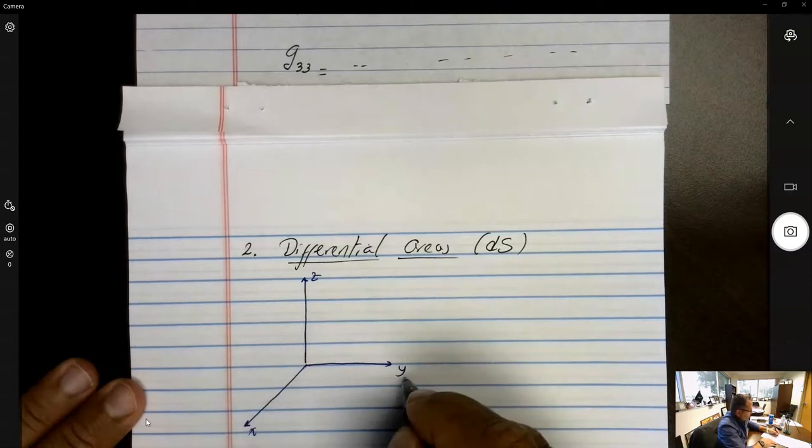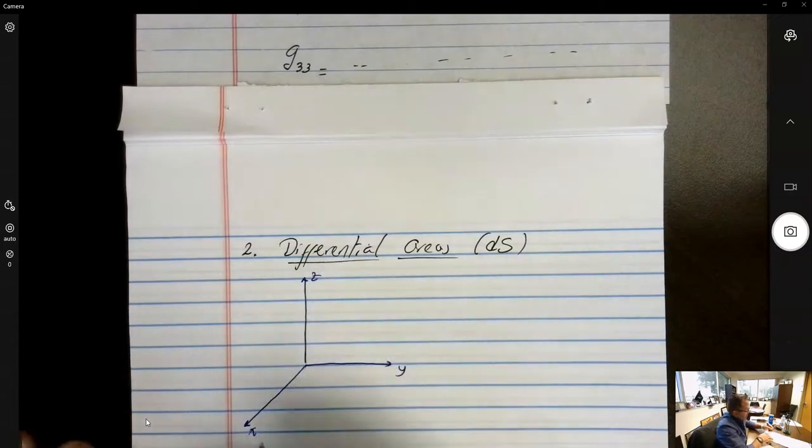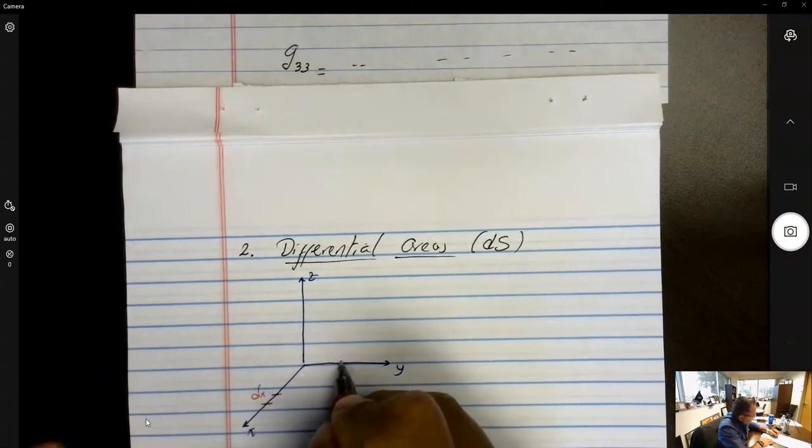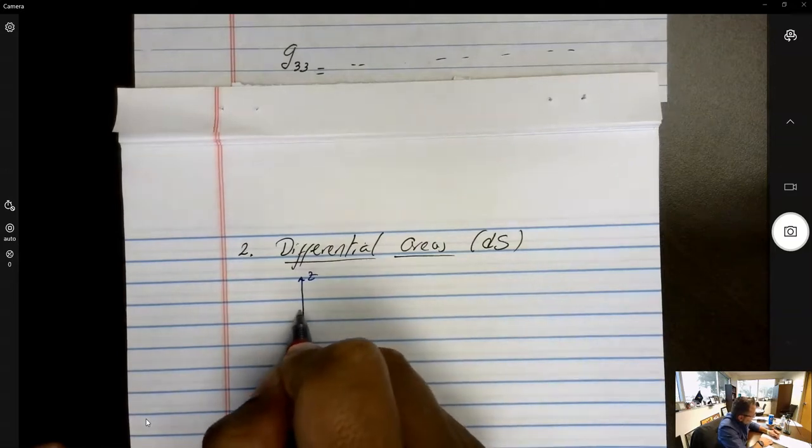Which is again y1, y2, y3. We can take a little bit of x and call it dx. We can take a little bit of y and call it dy. And we can take a little bit of z and call it dz.